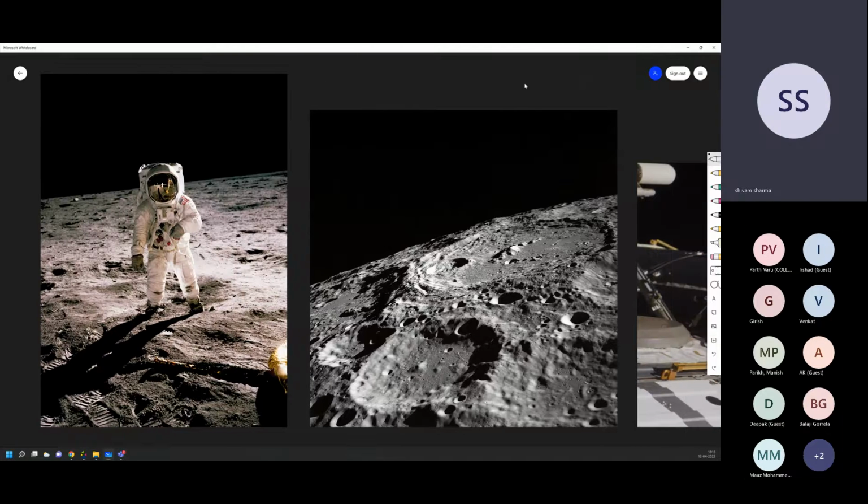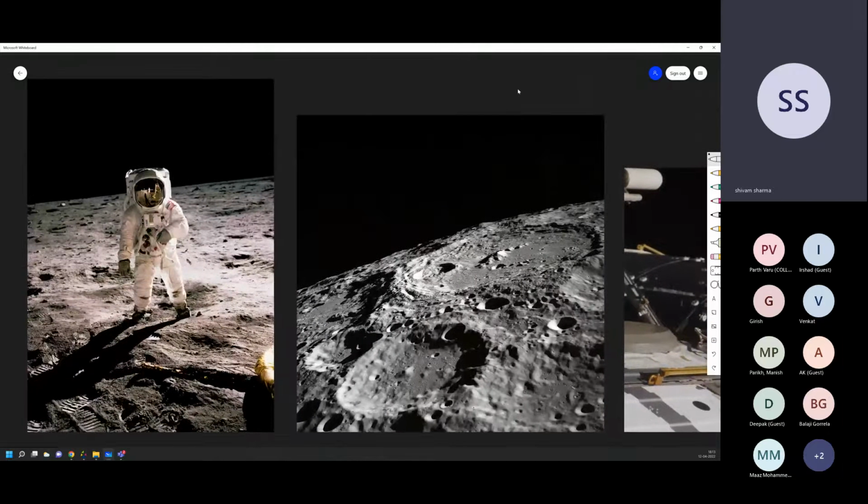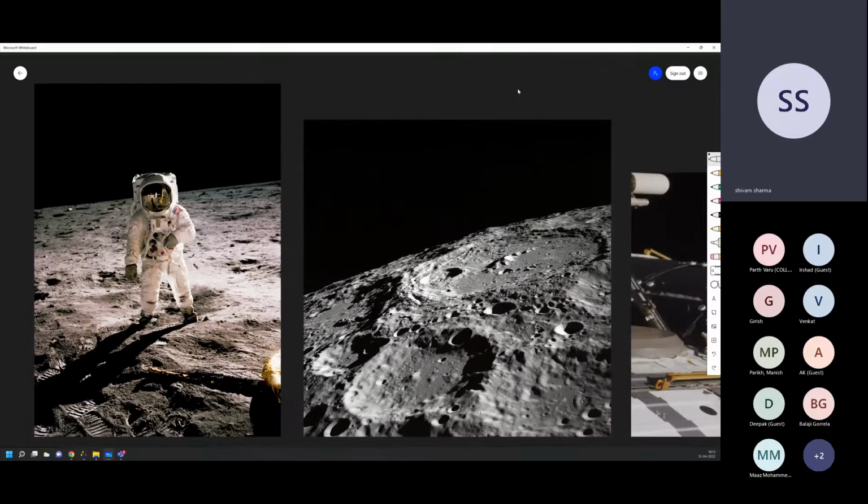Now I want to explain a couple of interesting use cases we have in the field of AI, or put simply, how machine learning or AI helps in space exploration, in the various parts of space exploration programs.